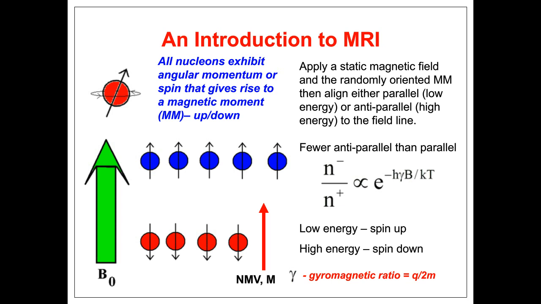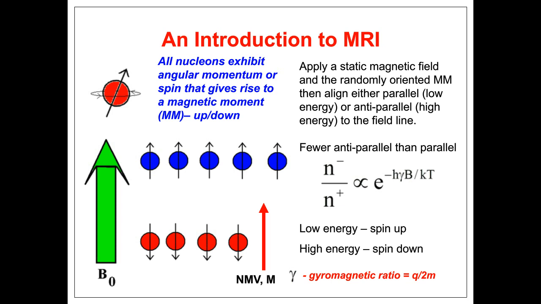And if we call those spin-downs minus and the spin-ups plus, the ratio there is governed by Boltzmann statistics, where you notice the B field sitting up there in the exponent. Now, if you look at a typical MRI system where the magnetic field strength may be 1 Tesla, it turns out there may be 1 or 2 parts per million difference between the two.